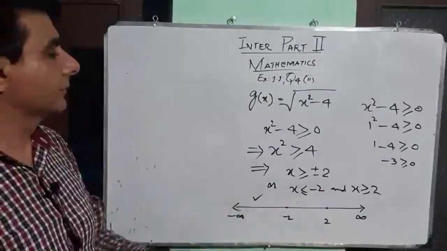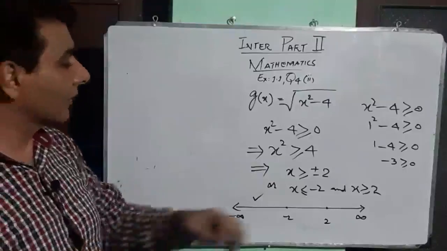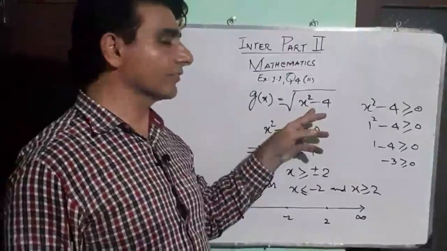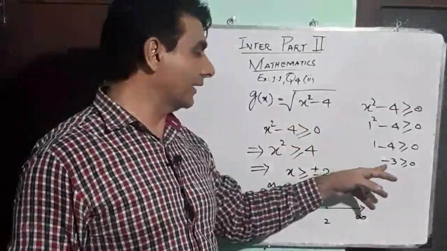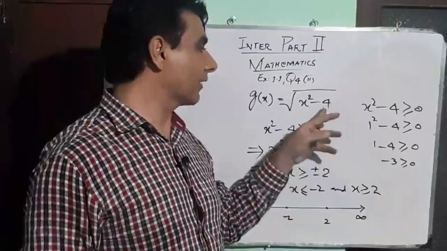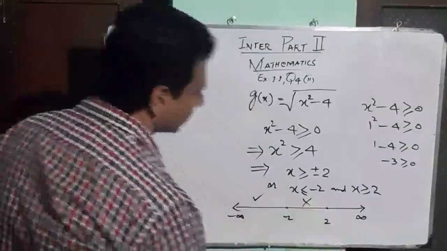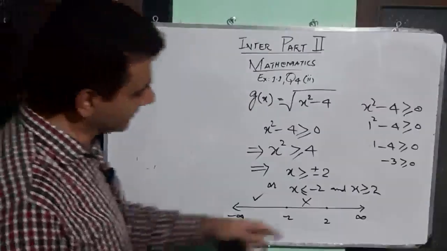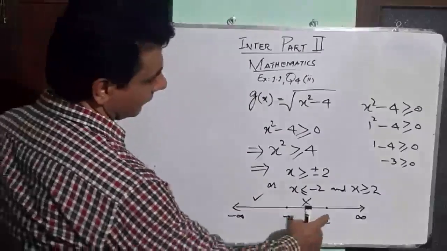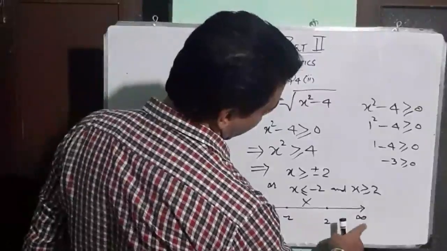For negative numbers, this radical function is not defined, because being negative, it will turn into imaginary. So we will exclude this interval. Now move to the next interval, up to positive infinity.